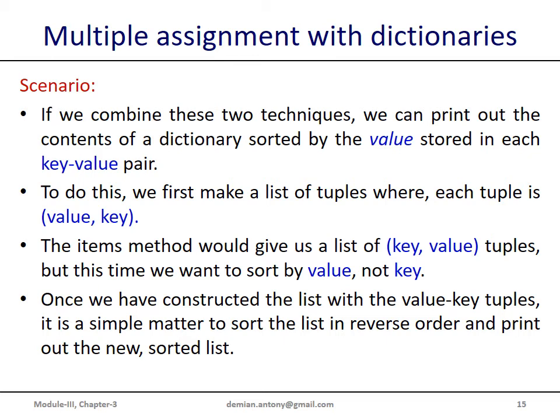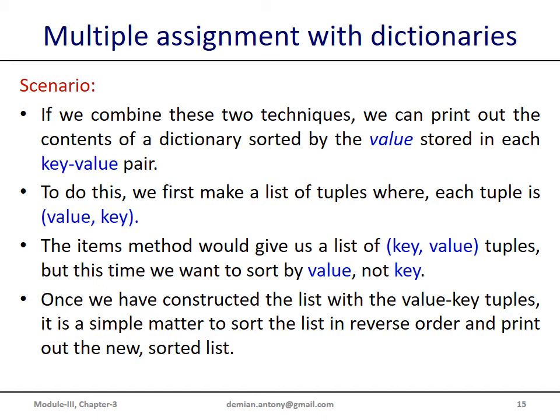What we have to do is, first we have to create a list of tuples with the help of items method by storing the value and a key in the list of tuples, not key and value. Value is the first element and key is the next element.